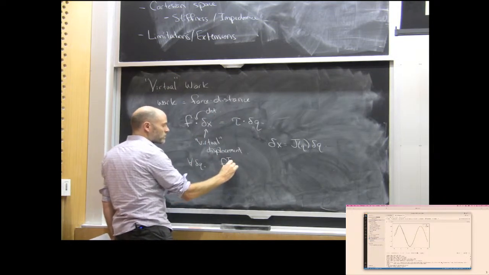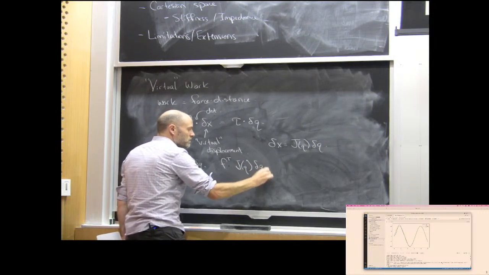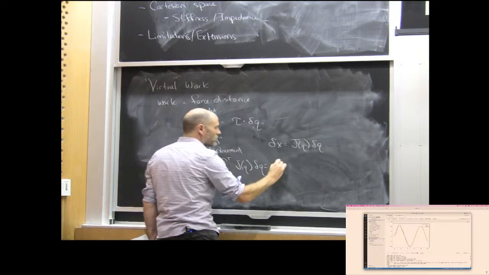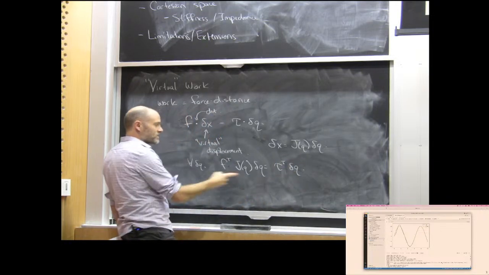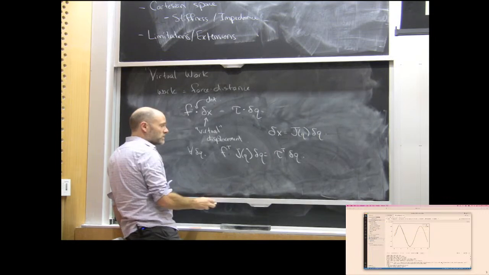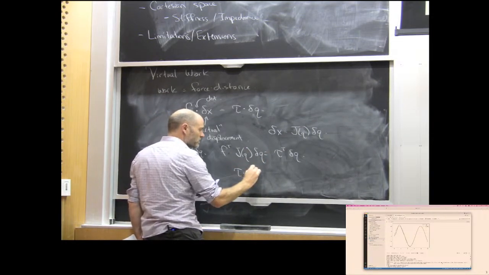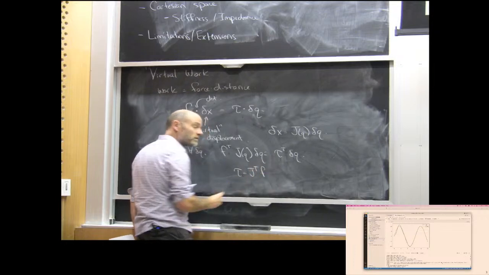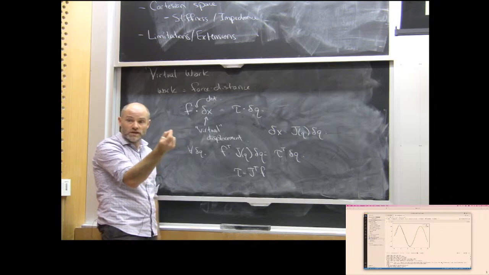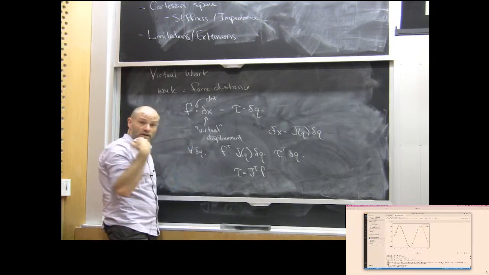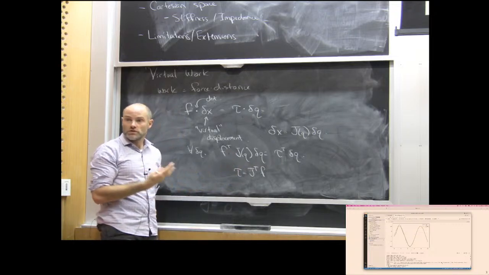I'll say f transpose times J(q) delta q is tau transpose delta q, and this has to work for all delta q, then it is equivalent to saying tau, and I'll take a transpose on both sides, is J transpose F. So anytime you want to go between a force computation at a particular point and a torque at the joints, the Jacobian is exactly the mechanism you need, these Jacobian transpose.